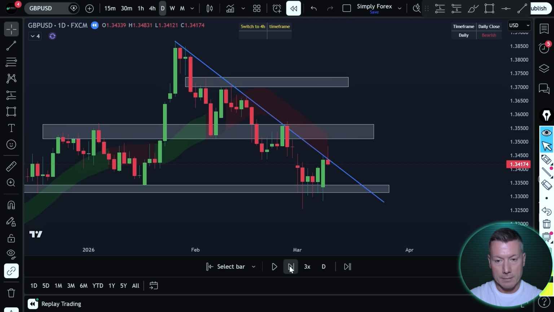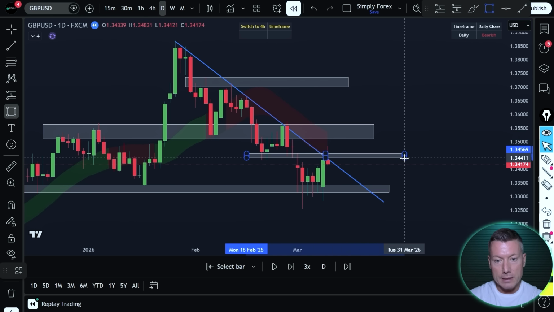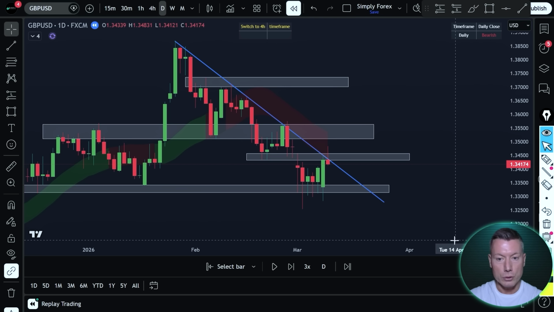right, again, it's bouncing off that level, we get lots of confluence, because now, as the market has moved on, you can see these lows in here. This has become an important support and resistance level, right? It was support, it broke, became resistance, and it becomes good resistance again.